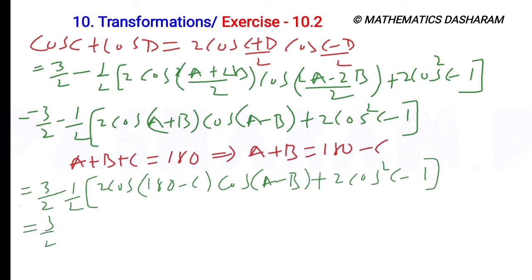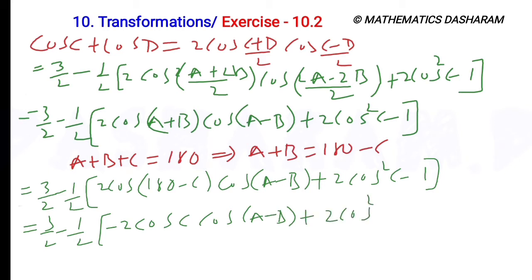So cos (180 minus theta) is equal to minus cos theta. So minus 2 cos C into cos (A minus B) plus 2 cos square C minus 1.